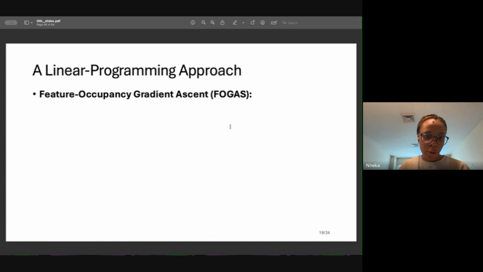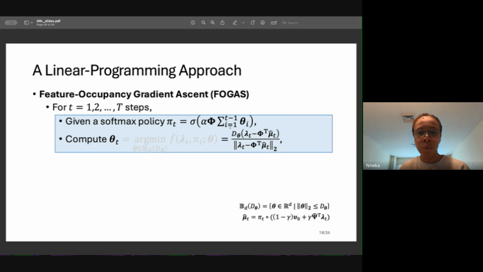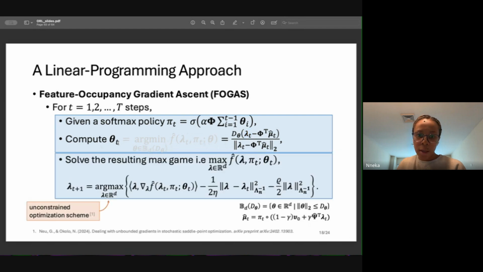Over t iterations, what's important to note is that for a specific schedule, if we define lambda t earlier on, then it's possible to exactly solve the min problem and obtain theta t greedily, and then solve the max problem iteratively via an unconstrained optimization scheme.